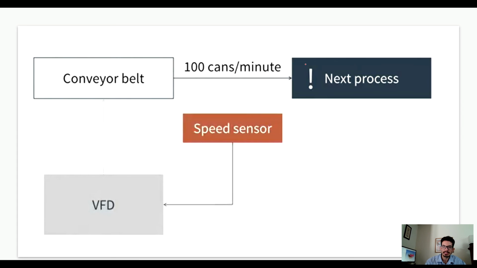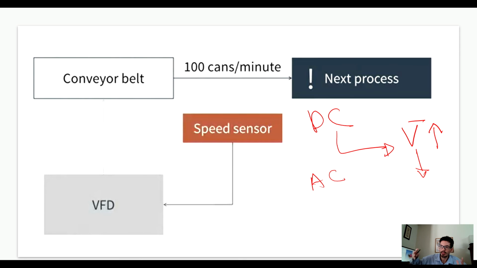So remember, this is one thing that I keep saying, if your motor is DC, you simply have to focus on changing the voltage. Higher voltage, higher velocity, lower voltage, lower velocity. But if your process is AC, which is probably going to be because moving a motor that can move a car, so if you put a Toyota, a car in a manufacturing plant, that car is going to be very heavy. You need very strong motors to move that conveyor belt. In order to move that belt, you need a strong motor.